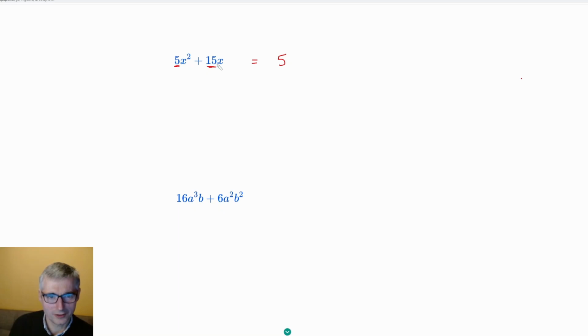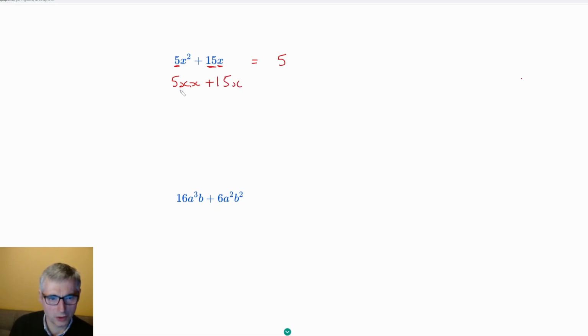And the largest number of x's that's in both parts is just x. That's an x squared, so that means x times x. If I was to write that out, the x squared is x and x next to each other, and then plus 15 times x.